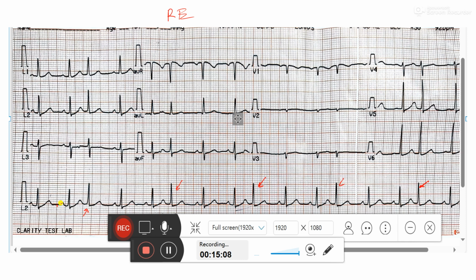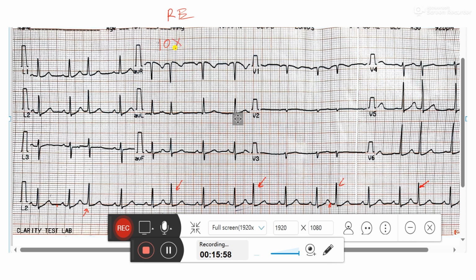See here in our ECG, from here up to here, this is the 30 large squares. Among them, there are 1, 2, 3, 4, 5, 6, 7, 8, 9, 10, so 10 R waves.